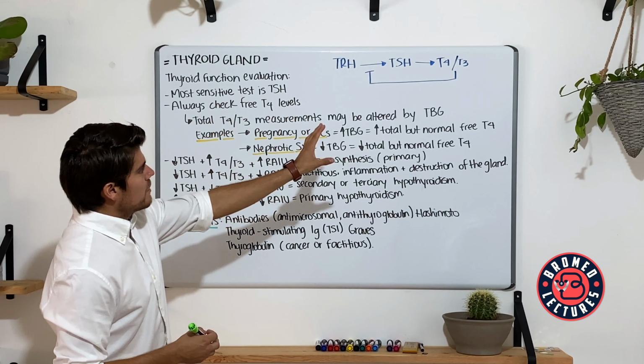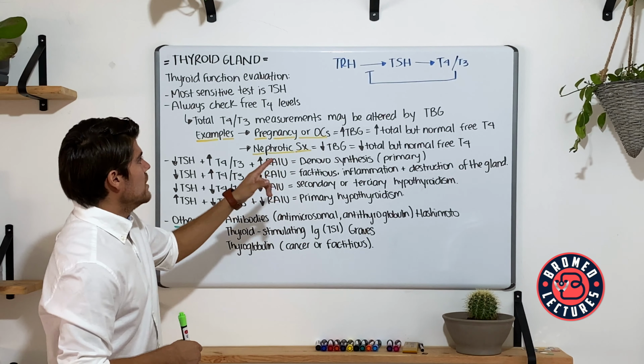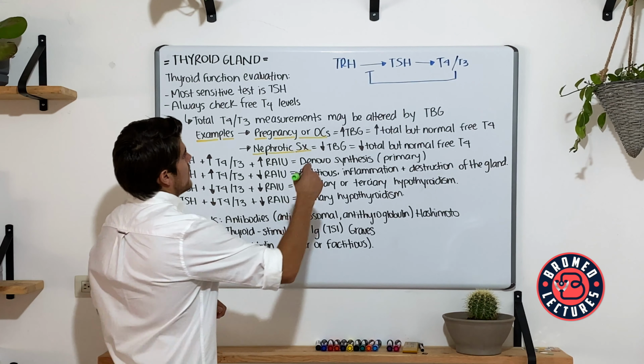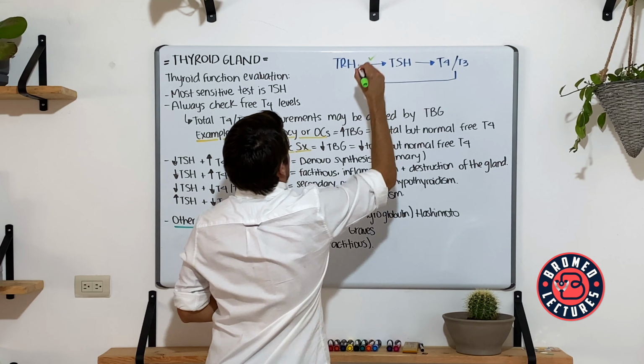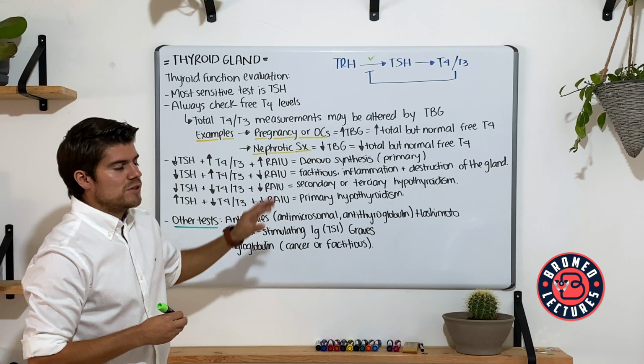And now these thyroid gland hormones, the T4 and T3, are the ones that are going to inhibit the axis right at this point at the anterior pituitary. So keep this in mind for this information.